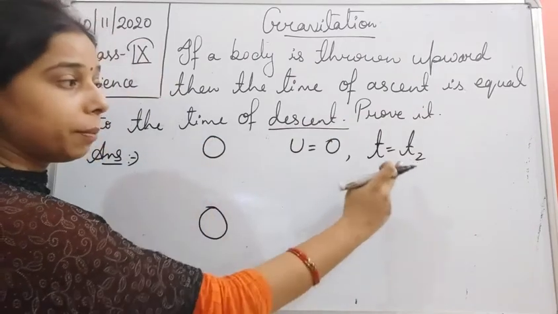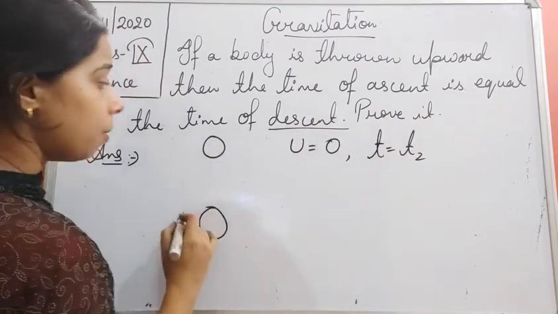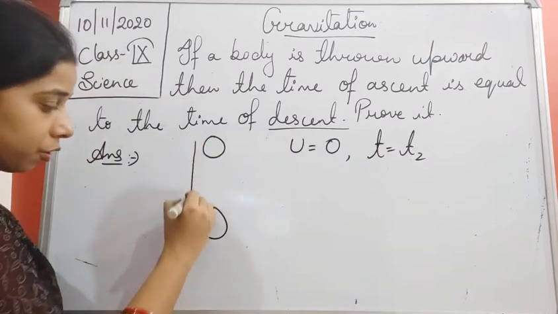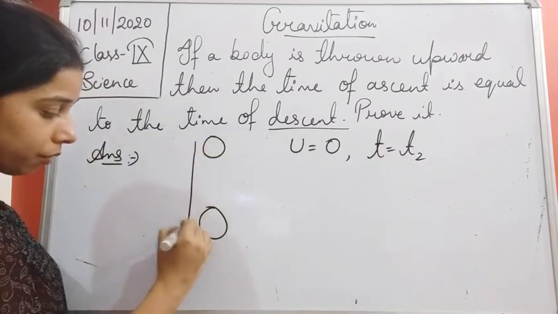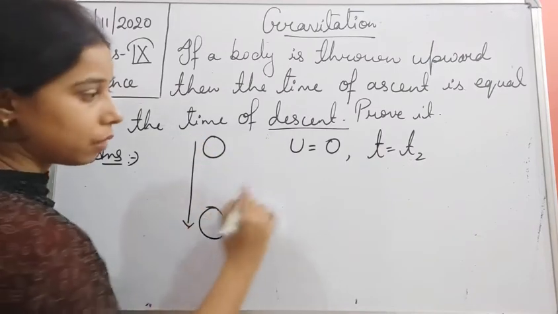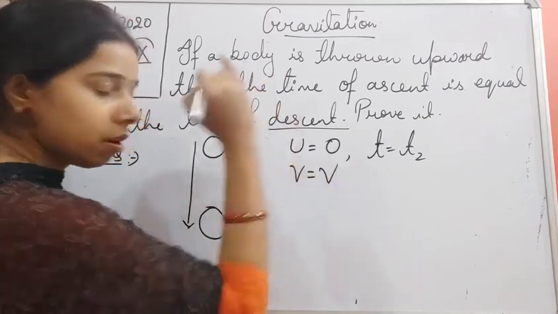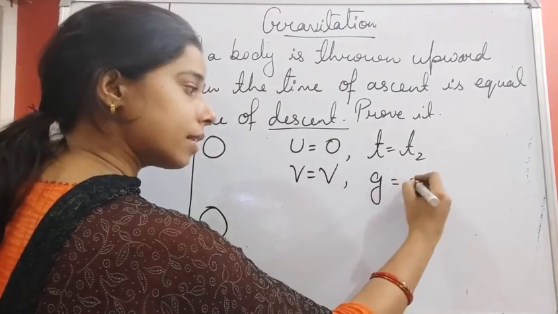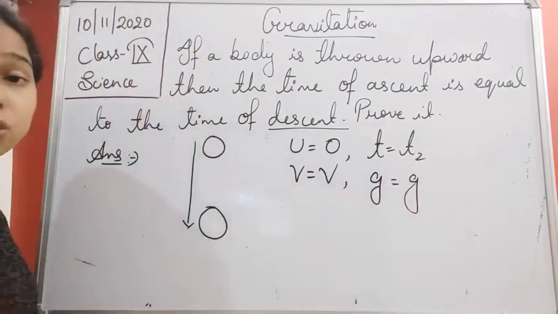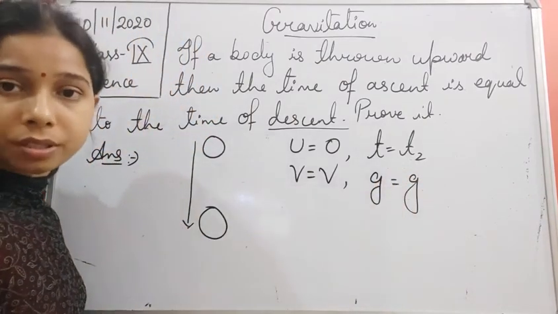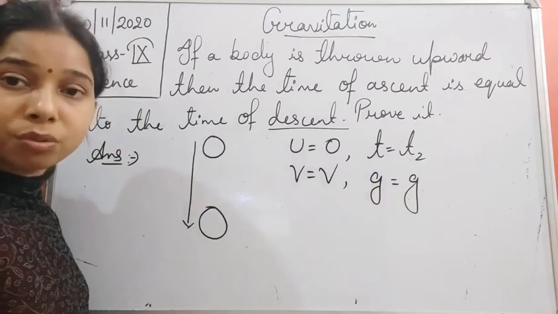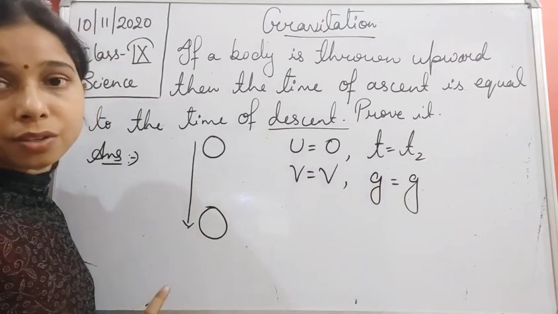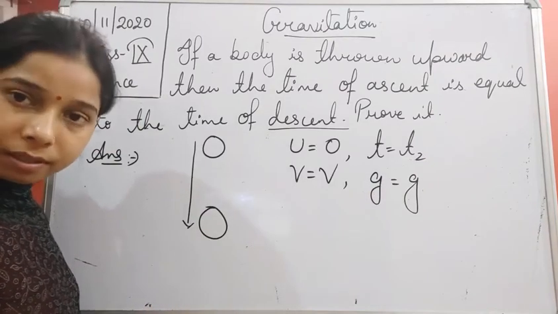When it reaches the ground, the final velocity will be there, so v will be v only, and g will be positive, so g equals g, because it is coming in the downward direction, and since it is coming downward, the acceleration due to gravity will remain positive.